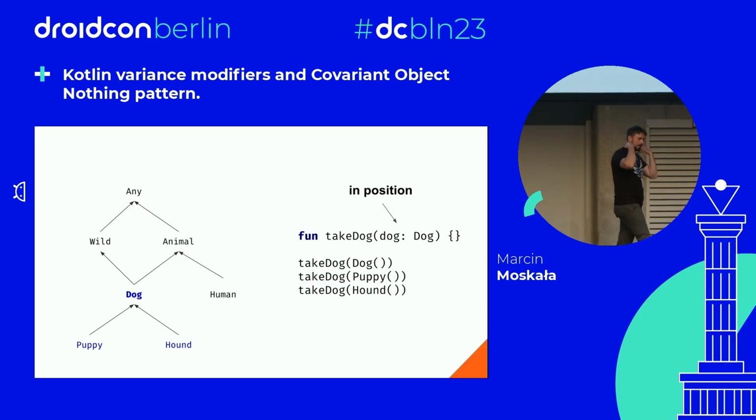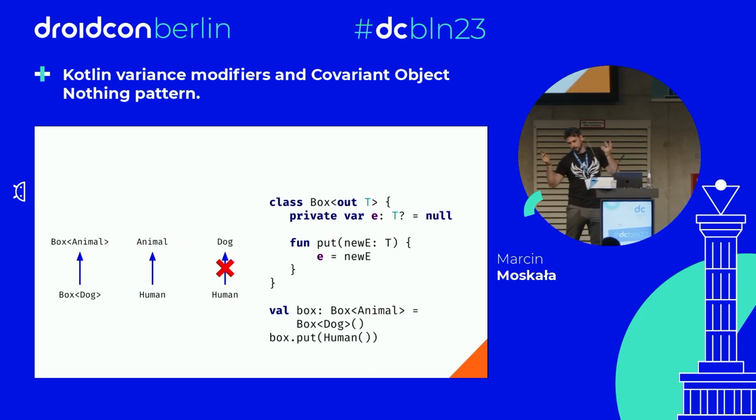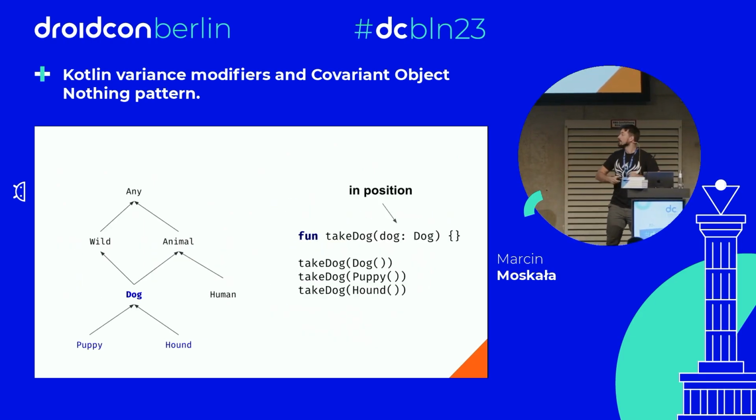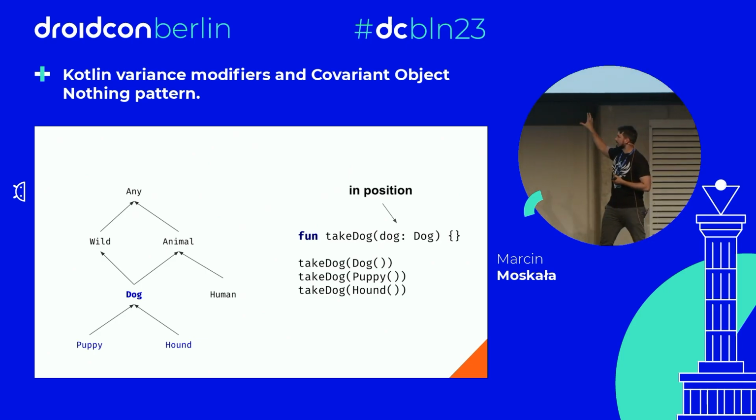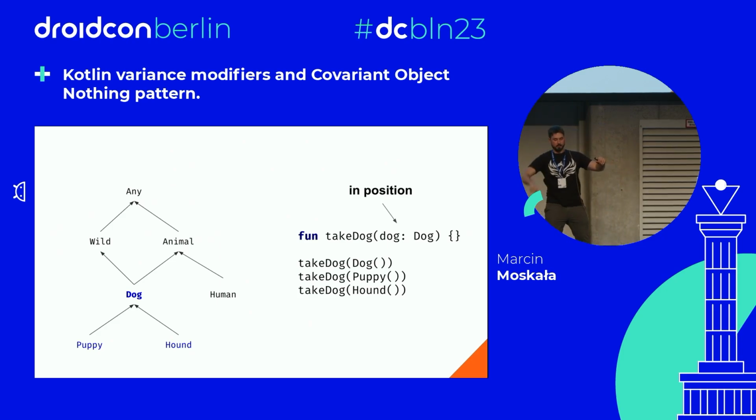When we are dealing with out position, oh, sorry, I will have that later. Okay, so in position does not like itself with covariance, because it allows us to upcast things from the bottom, and covariance allows us to upcast objects, so objects can go out, and then in position can take it from everywhere.